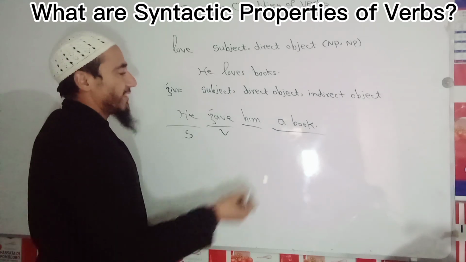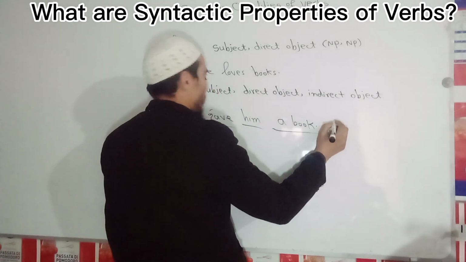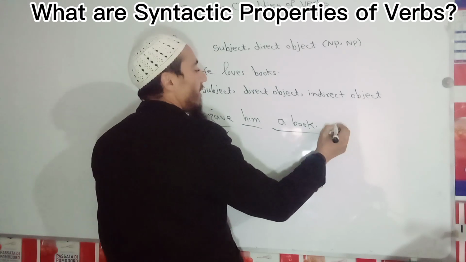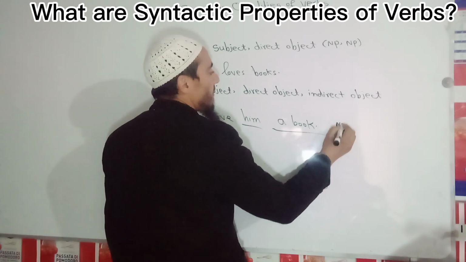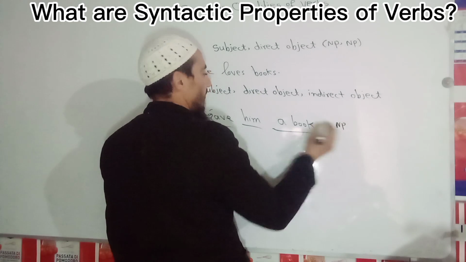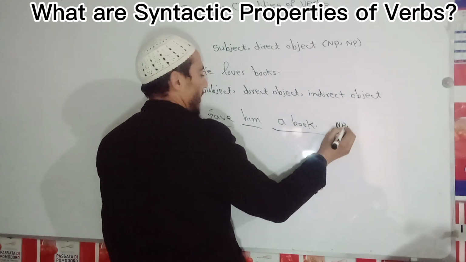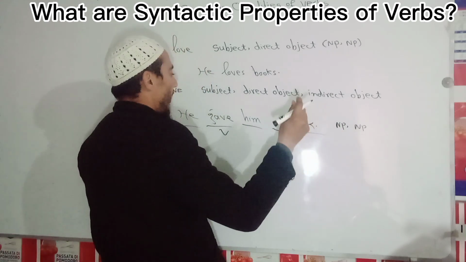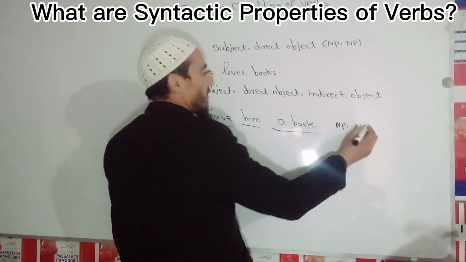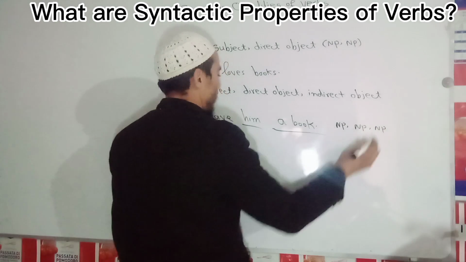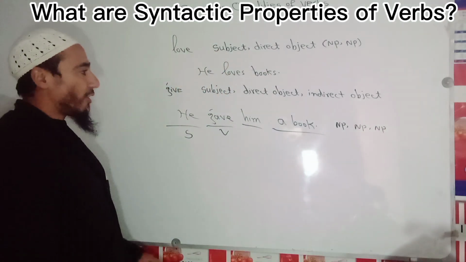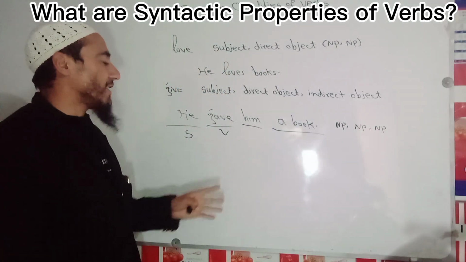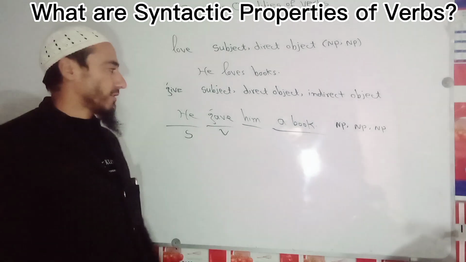So how many arguments are there? I'm writing. First of all, we have NP, one argument, and here we have another NP, that is the next argument, and the last argument we have is another NP. So how many NPs do we have? We have three NPs, so three arguments for it.